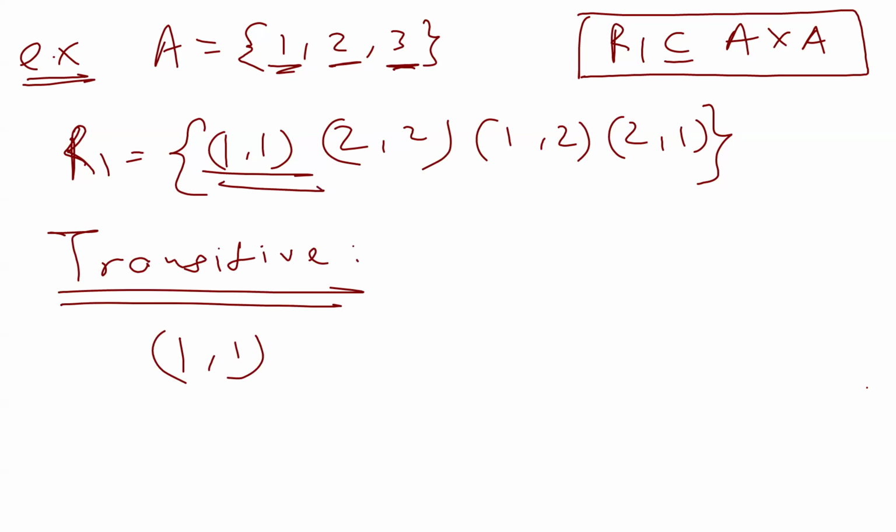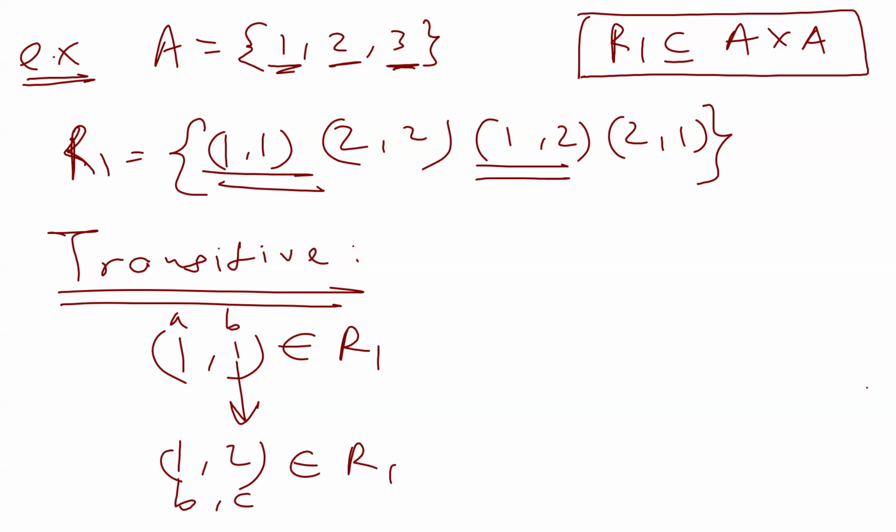It is true because it is there in the relation. So this belongs to R1. So the next ordered pair should start from 1. To check transitivity, the next ordered pair should start from B, A comma B. So create a link from B. So we'll check 1 comma 2. A, B, B, C. This link should be there.